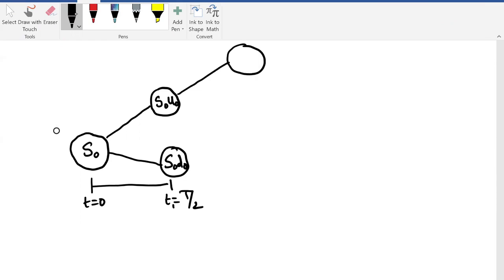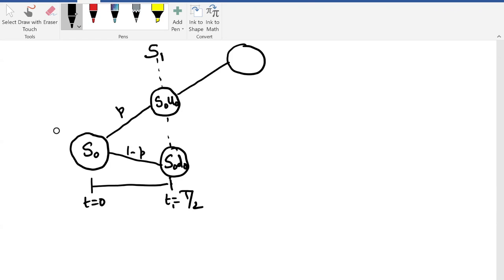One is the up option. Let us call this, whether this or this, as S1. That is, S1 will take value S naught U naught with probability P, and S1 takes value S naught D naught with probability 1 minus P.